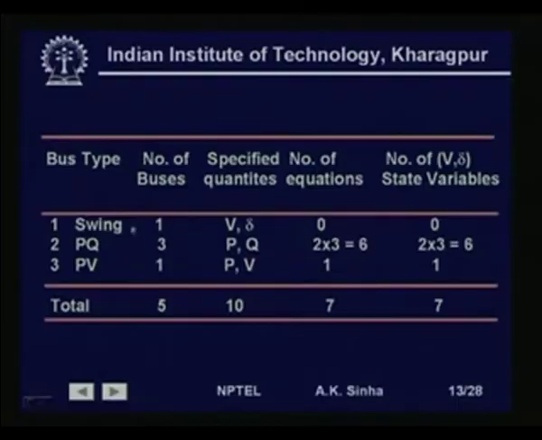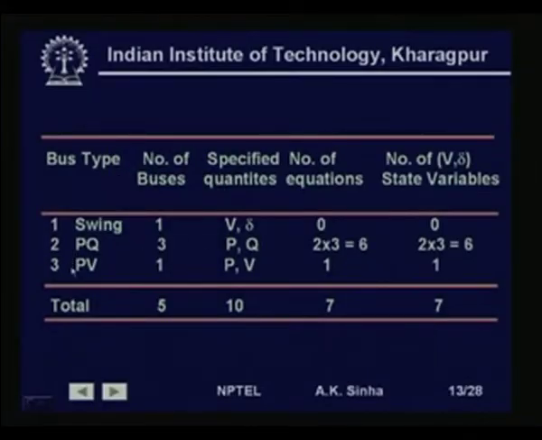We need to write 2 equations for each bus, that is the Pi and Qi equations in terms of V, delta and Y for each bus. So, with 3 buses like this, we have a total of 6 equations. And how many state variables do we need to find for these buses? We have V and delta to be found for each of these 3 buses, so we have 6 state variables which we need to find.